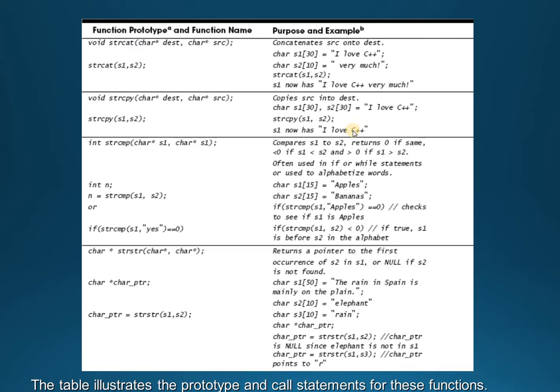They work just like regular arrays, except for the null terminator and that we're dealing with characters. strcpy copies the src into dest. strcmp compares S1 and S2.